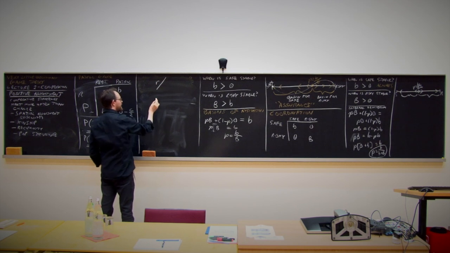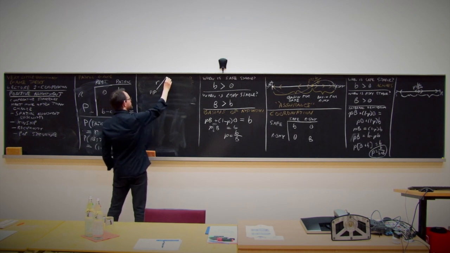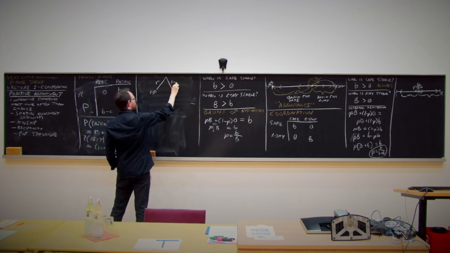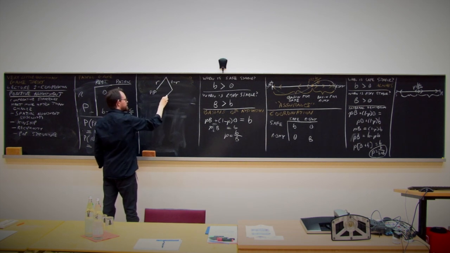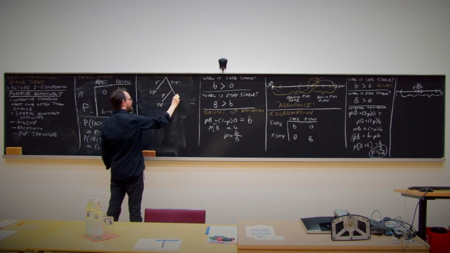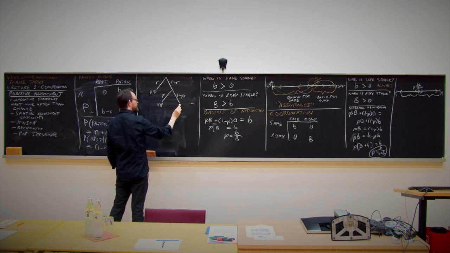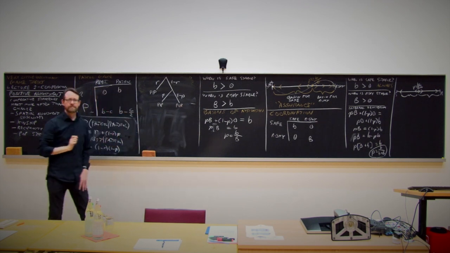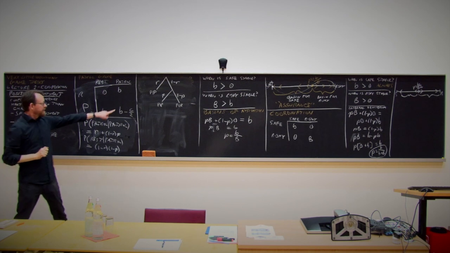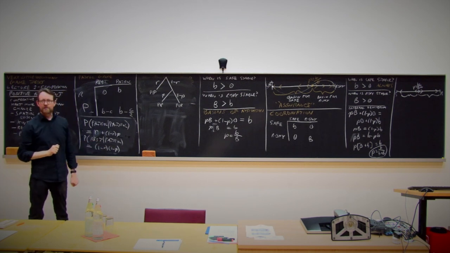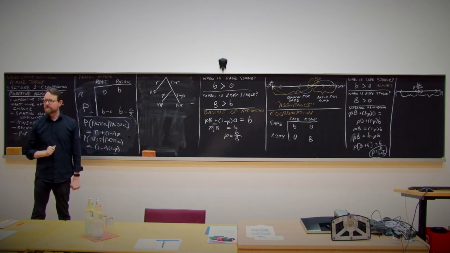So r of the time, you meet the same type, and then it's patrol, patrol. 1 minus r of the time, two things happen. p of the time, you get a patrol result anyway, and 1 minus p of the time, you get a patrol paired with the rest. And this tree is these two expressions. Does that help anyone?